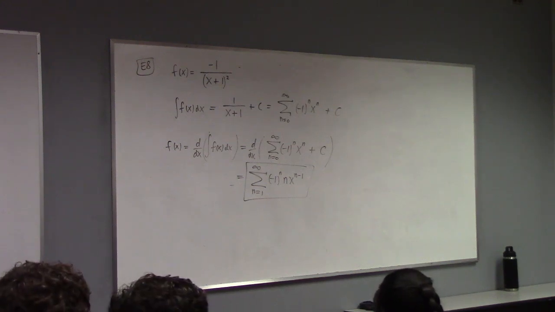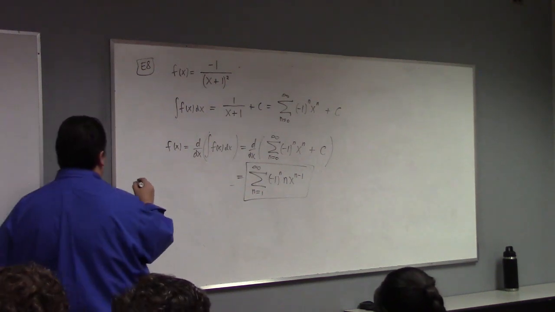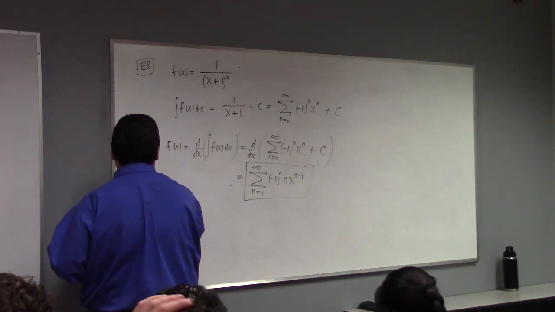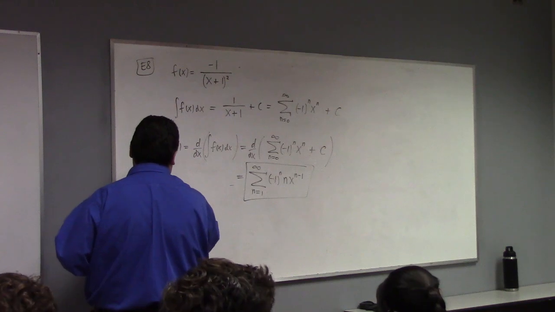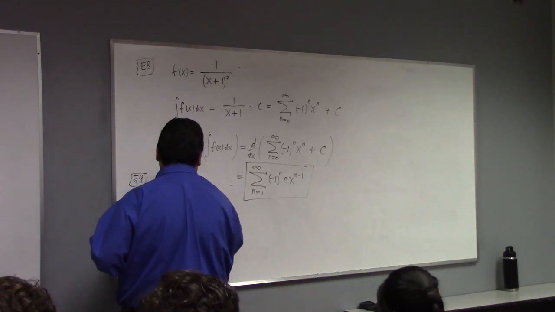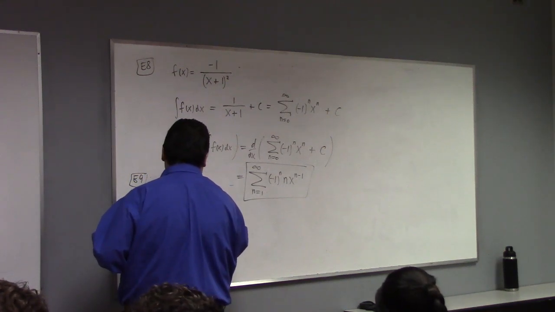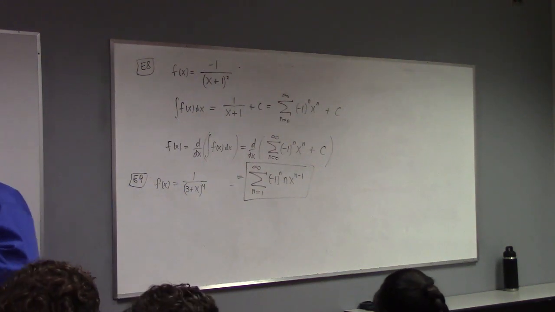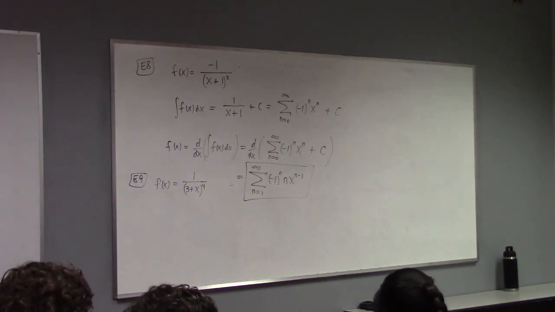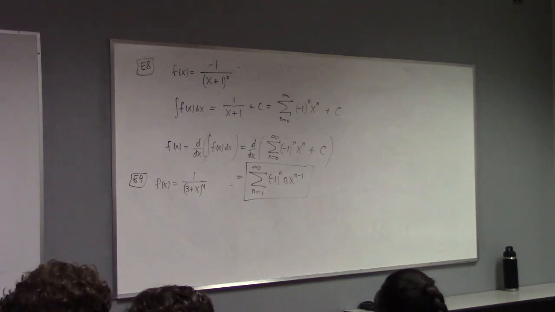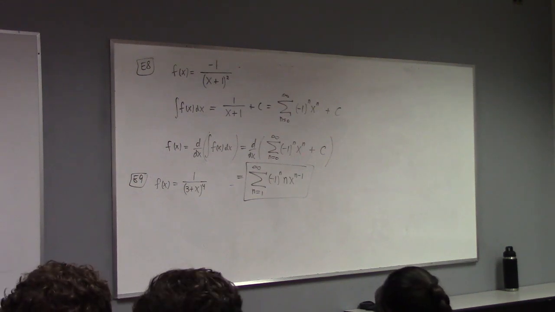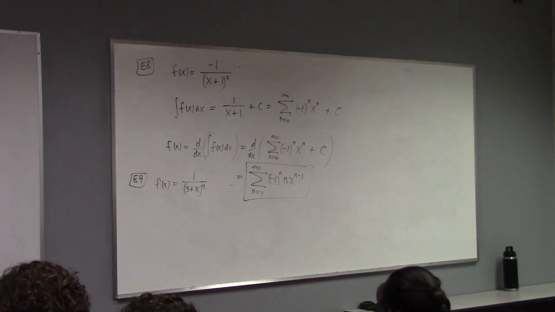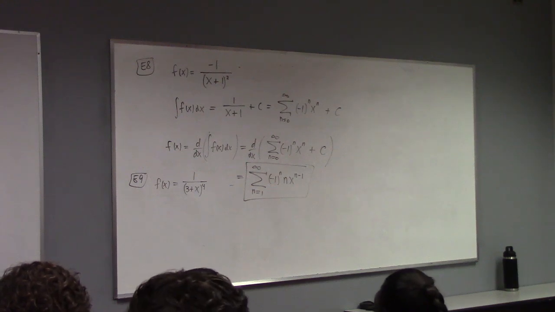What if I did this, guys? What if I had another example that would work something like this? What if you had this? What if you had 1 over 3 plus x to the 4th? What would you do? You could still play this game, right? Integrate once, it gets you to the x cubed. Integrate twice, x squared.